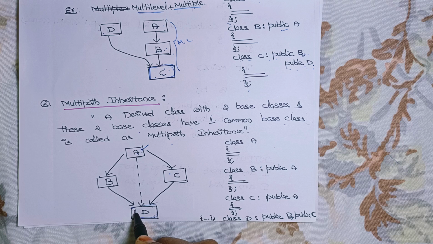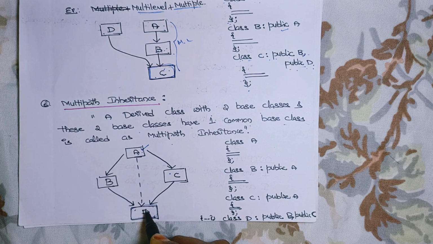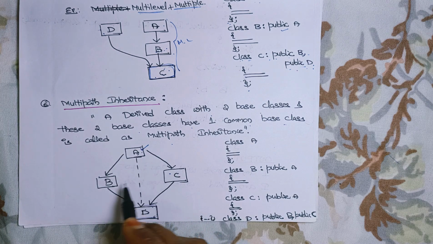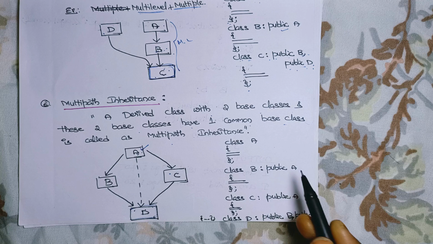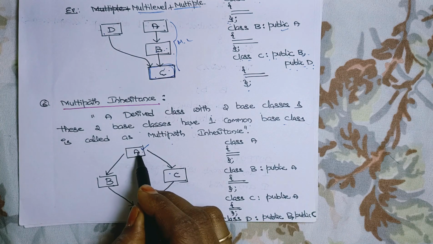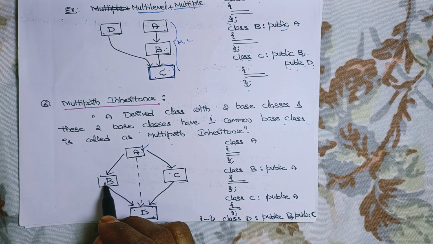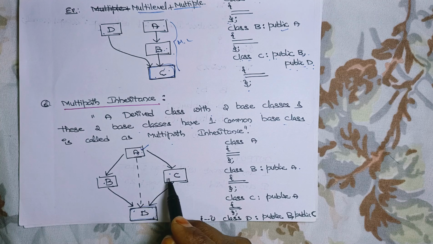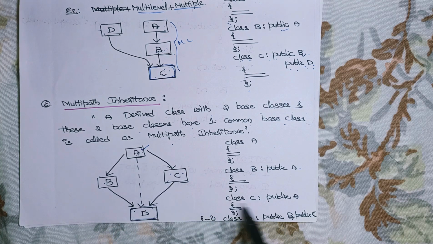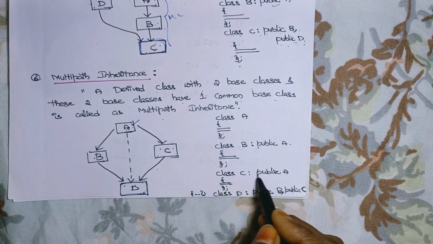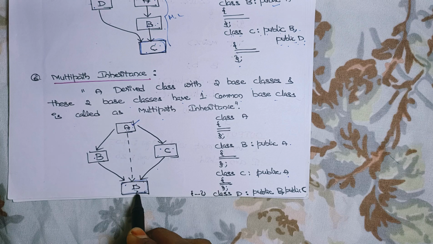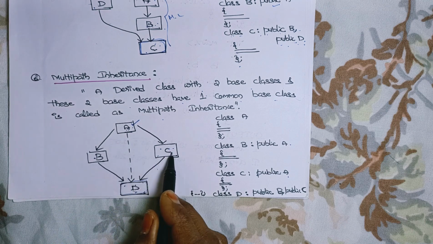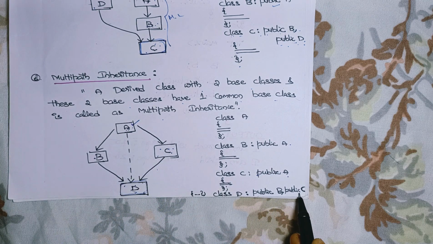This type of inheritance is multi-path inheritance. For this syntax, write by yourself; if you don't know, you can check here. Class A I am writing, class B shares the A properties, class C shares the A properties, and class D has both the properties of B and C. This is about multi-path inheritance.